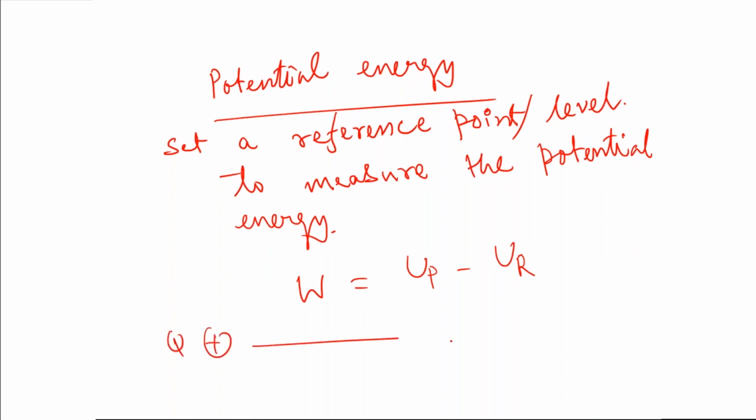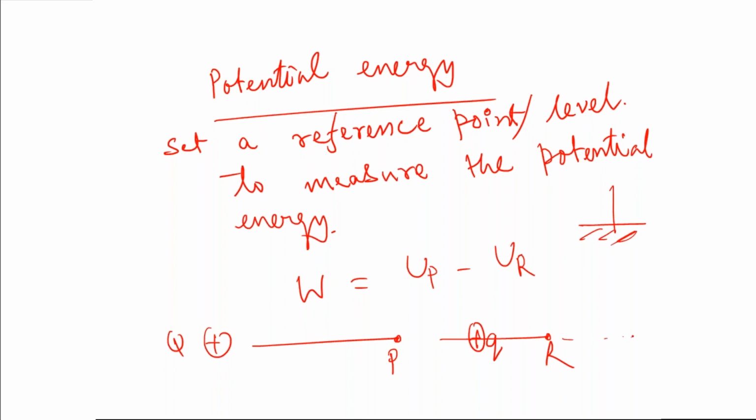That means when we bring a test charge from some point r to some point p, then whatever work we are doing is called the potential energy. Now we have to define a reference level. Reference level means, as I told, in general we set the initial potential energy at zero level. As I told you, for gravitational potential, ground level is the zero potential level.